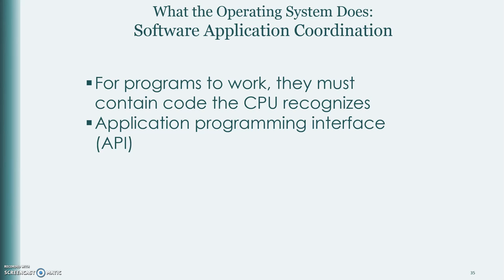So for programs to work, they have to contain code that the CPU recognizes. Rather than having the same blocks of code for similar procedures in each program, the operating system includes the blocks of code called an API, or an application programming interface, that application software needs to actually interact with the CPU.